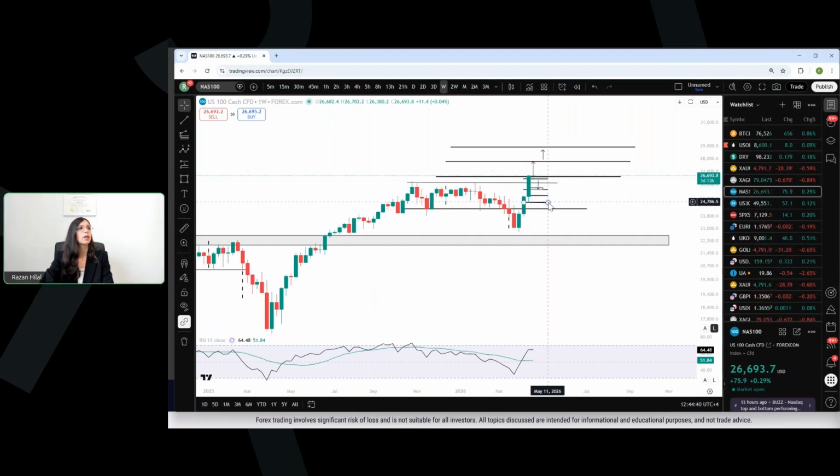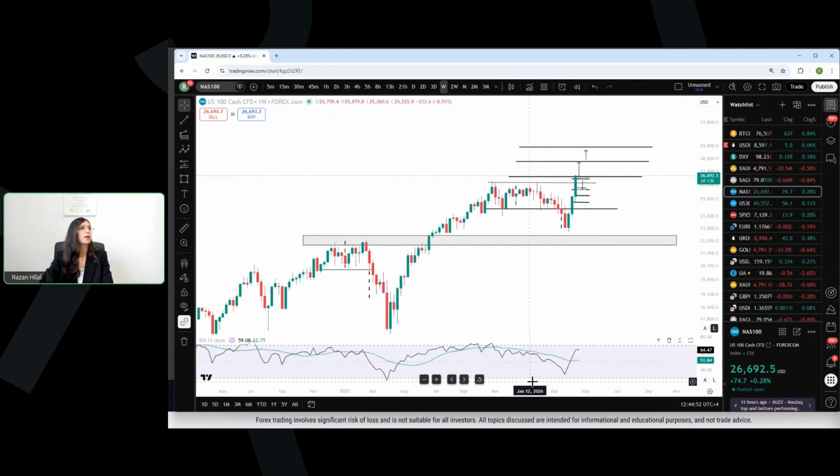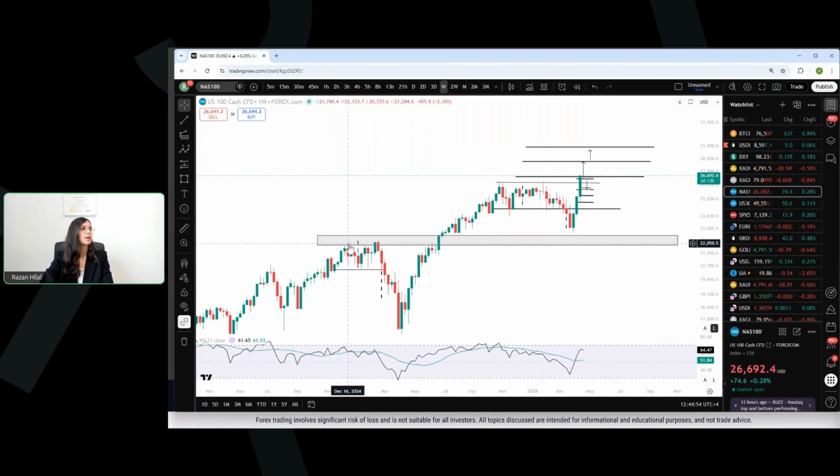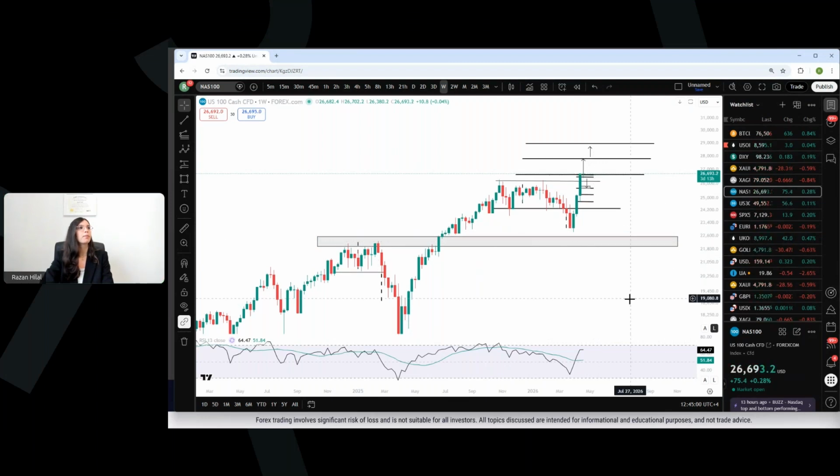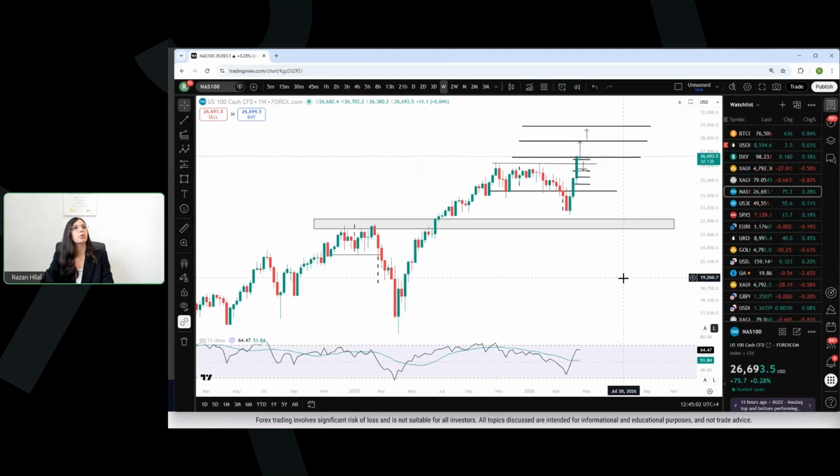Should we go lower, in an extreme manner, we can revisit 24,700 and the 24,300 for another possible bullish rebound that can realign price action with the records. If not, we can revisit new lows back towards the previous highs extending between 2024 and 2025 near the 22,200 zone. These are my key charts and key levels in focus for this week.